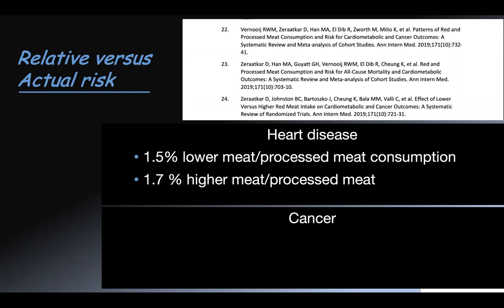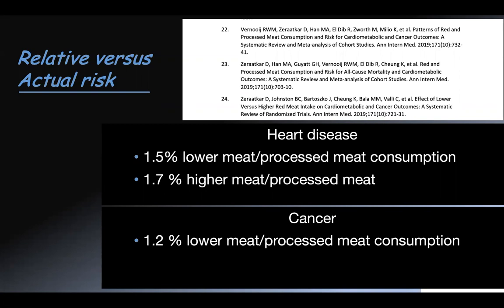And cancer was similar. If you ate less than 3 servings a week, you had a 1.2% increased risk of cancer, and for the higher consumption, you had a 1.5% increased risk.